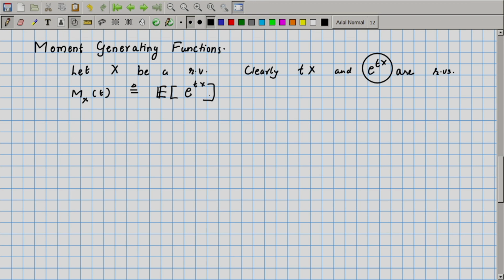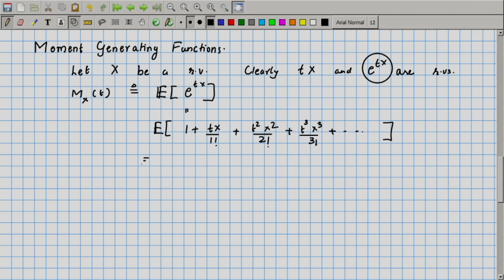So, e raised to t x we can alternately write as expectation of 1 plus t x by 1 factorial plus t square x square by 2 factorial plus t cube x cube by 3 factorial, and so on.